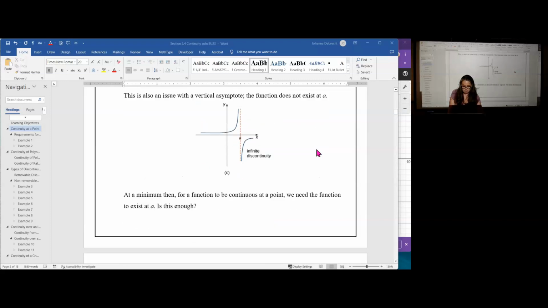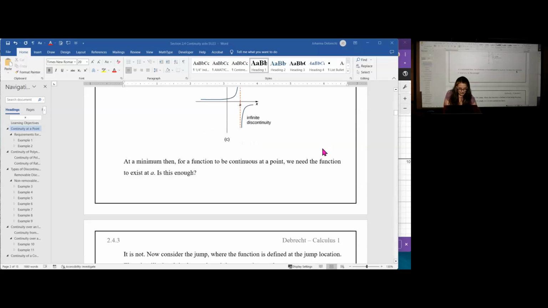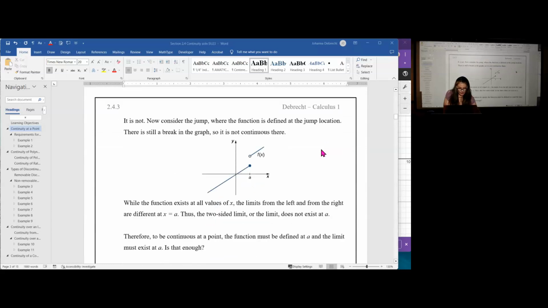Now, this is also an issue with the vertical asymptote. The vertical asymptote has more than one issue, but again, the function is not defined at the value of a. So it sounds like we need to require that the function be defined at a. Is that enough? And the answer, of course, is no.